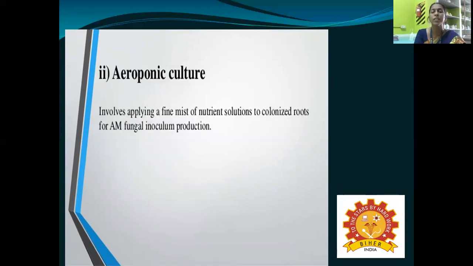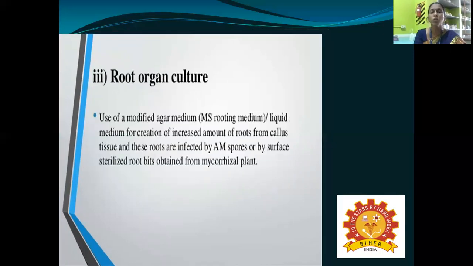And the second one is called aeroponic culture. So aeroponic culture means you are taking the culture inoculum, and that inoculum you have to make colonize for AM fungal inoculum production. So you have to apply it on the aeroponic culture formation. And then the third one is root organ culture. Root organ culture means MS rooting media, like plant tissue culture.